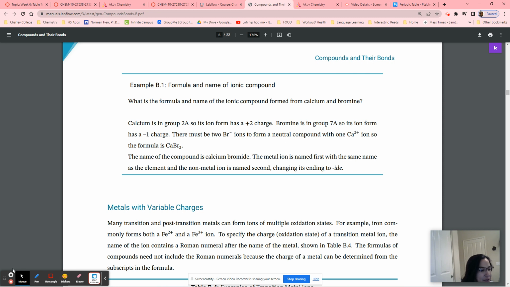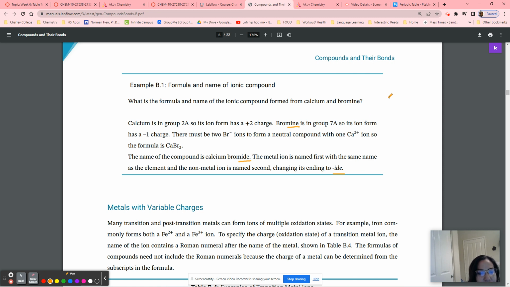So here is bromine, and that is actually going to turn into bromide. So you're going to change the ending to ide, like the little Ozzy Osbourne song. So you're going to change that ending into ide. That's it. Quite simple. The charges do play a role in the naming.